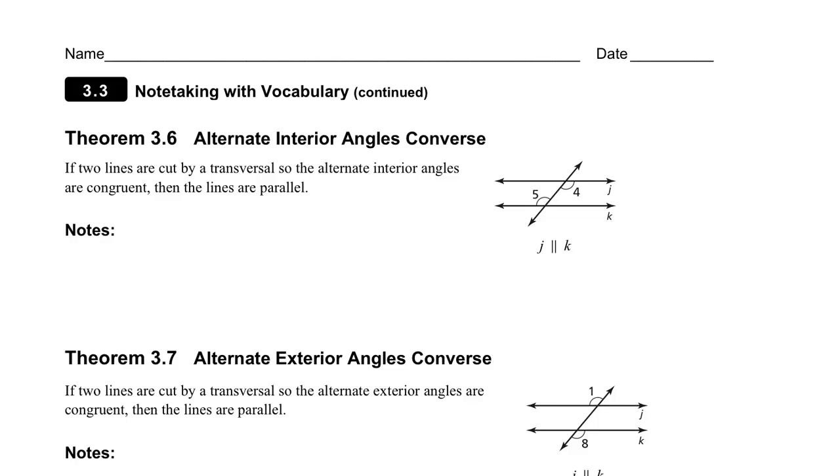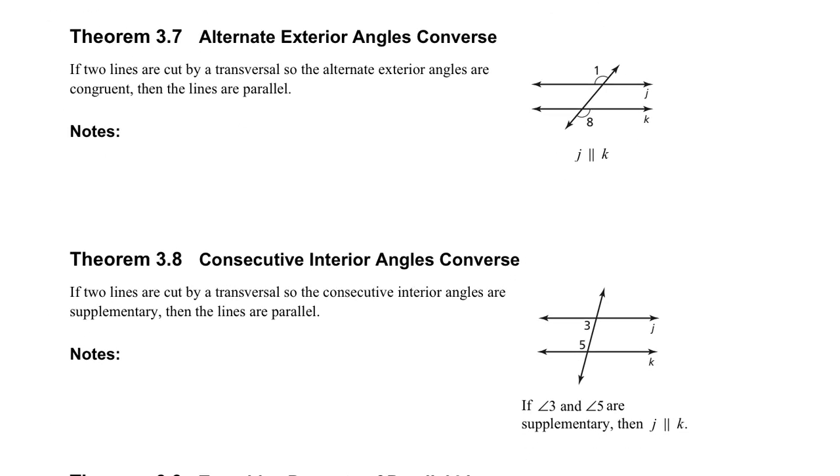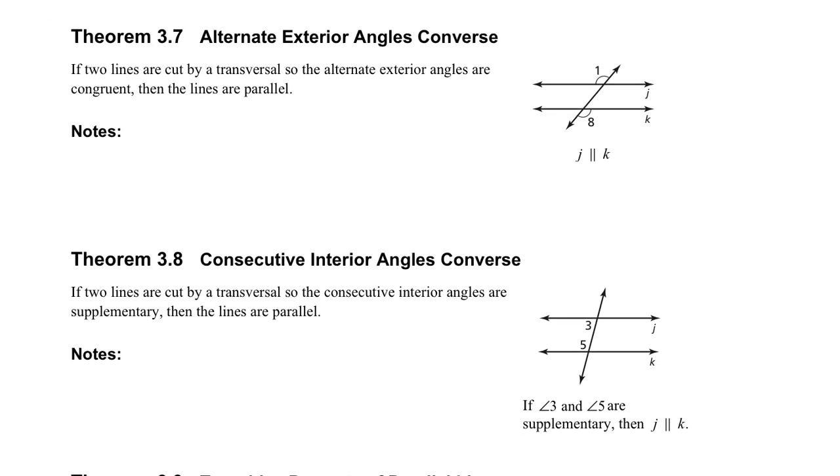So then we have the converse of our alternate interior angles theorem, same thing. Now it says if we see that the alternate interior angles are congruent, then the two lines cut by that transversal are parallel. We also have the alternate exterior angles converse, which says if we see the alternate exterior angles are congruent, then the two lines cut by that transversal are parallel.